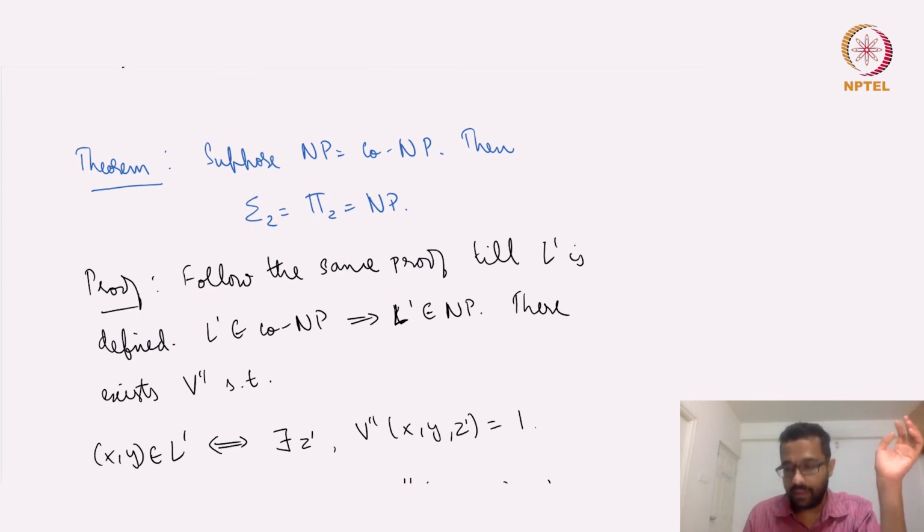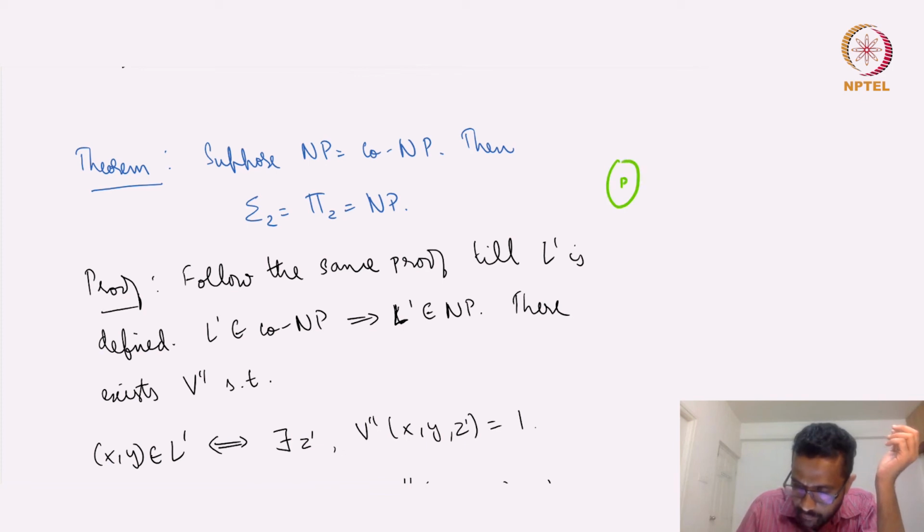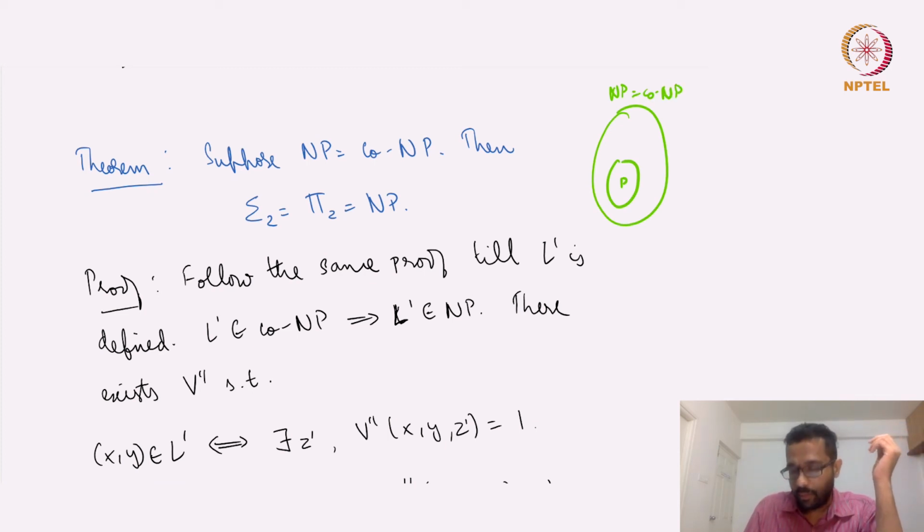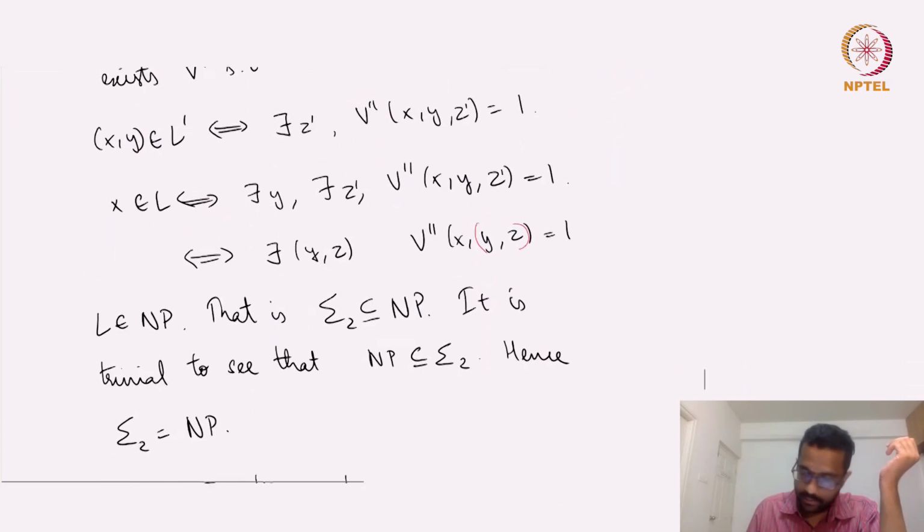So it could be something like this. This is P, and this could be NP as well as co-NP. In such a case, sigma 2 will be equal to NP, and pi 2 will also be equal to NP. The proof is along very similar lines. Nevertheless, I have written it down.